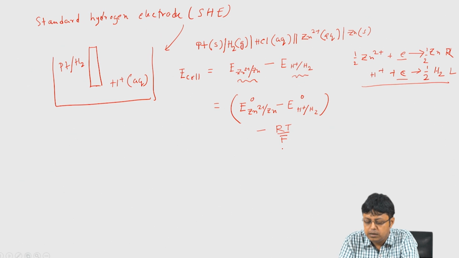Now, if you remember what this was, if we write it in terms of delta G 0, delta G was delta G 0 plus R T ln Q, and since we converted into E, E and delta G have a negative sign in the relationship.